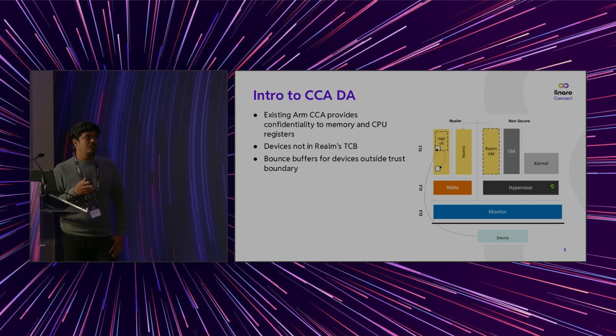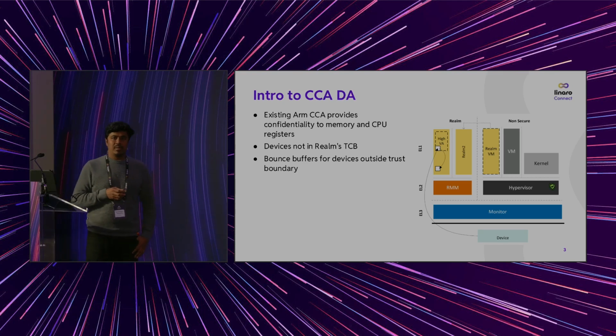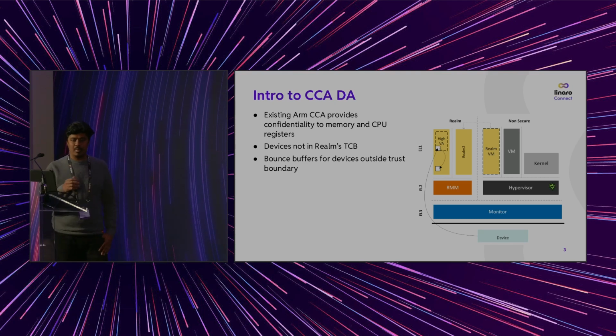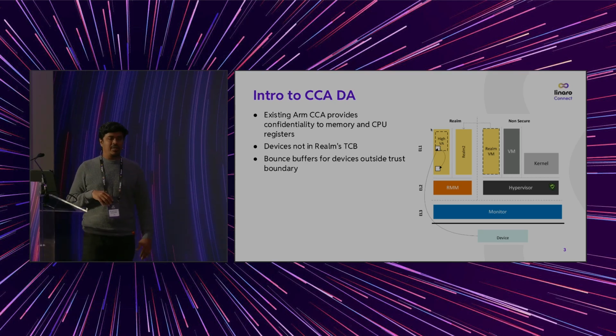One way to support such devices across different CPU architectures is to use a bounce buffer mechanism. What this means is, in the realm, part of the high VA is shared with the hypervisor, so that the device can talk to the driver in the realm.